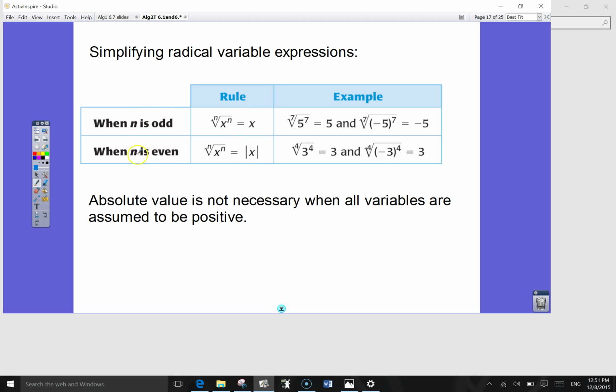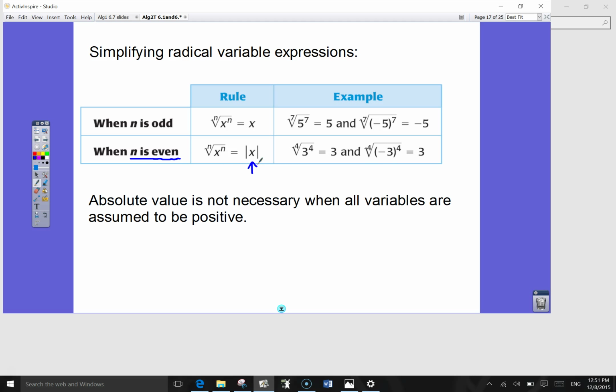But if the n is even, if the index is even, we know that you could actually get plus or minus. The square root of 4 is plus or minus 2. But for our purposes here, we're taking the absolute value. And that means we only want the positive.